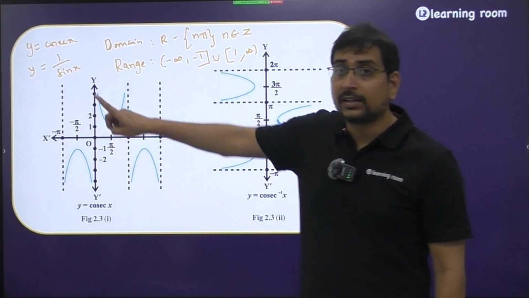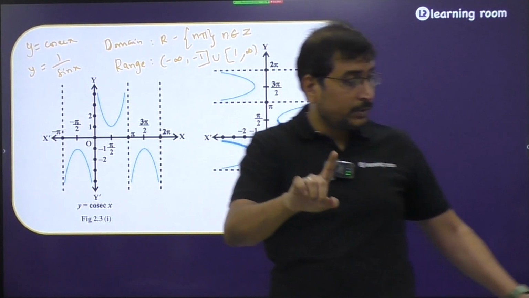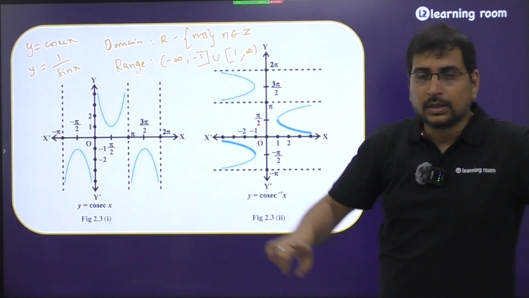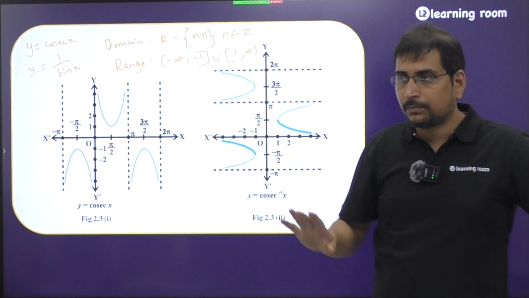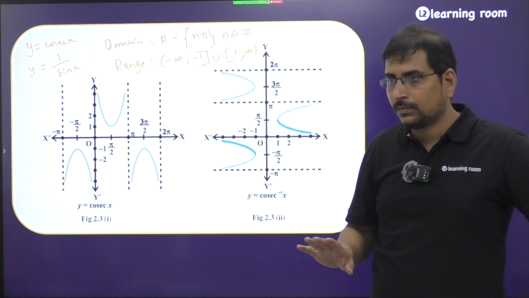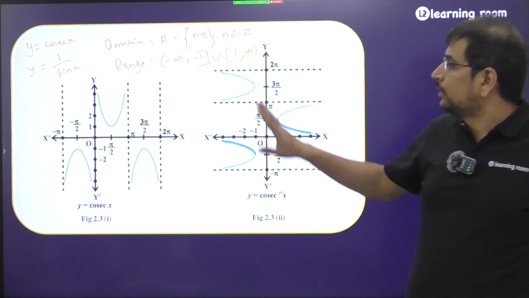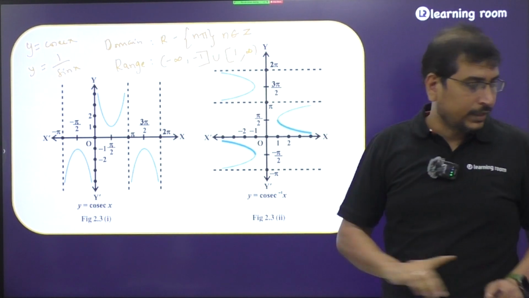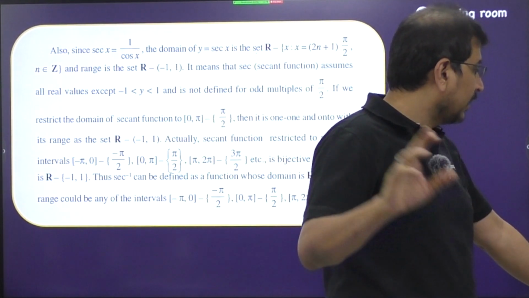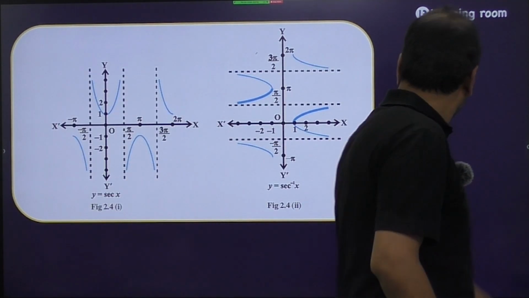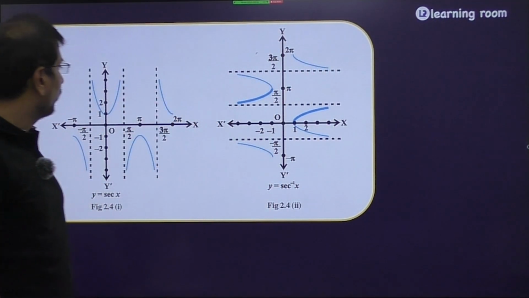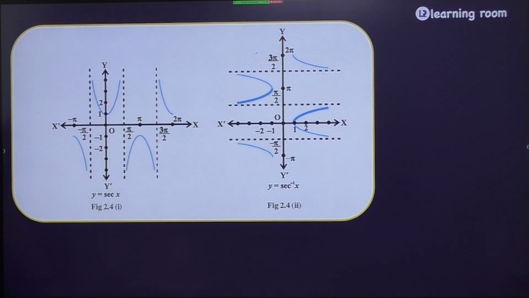Because it is the reciprocal, not the inverse. This is what many people think. Inverse and reciprocal are not the same. Are you able to understand? So is this point clear? Right. So after this, I'll give you the consolidated data, then you can copy it. What about this? What about the domain?